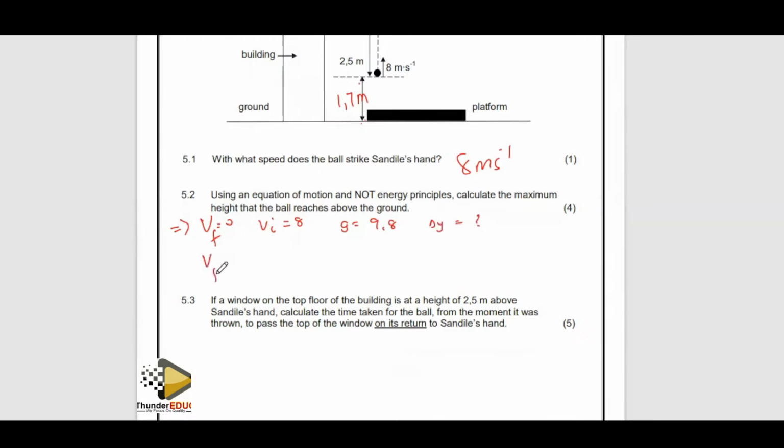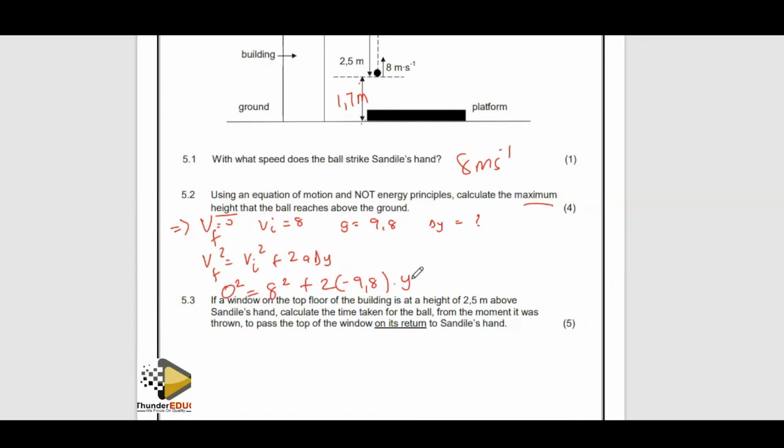So I'm gonna say Vf squared is equal to Vi squared plus 2 times acceleration times delta y. Then we say that at maximum height velocity must be 0. 0 squared equals 8 squared, and since I'm projecting it upwards, it's gonna be negative 9,8 times the y.